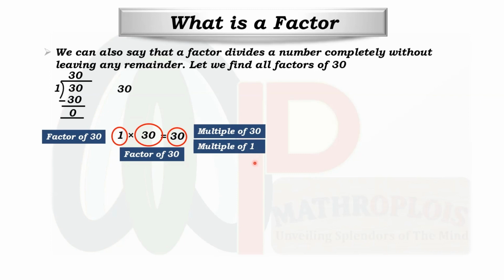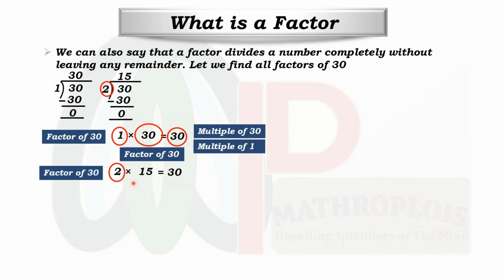Now divide 30 with 2. 30 has been divided with 2 completely, without leaving any remainder. 2 multiplied by 15 gives the product 30. 2 and 15 are factors of 30.